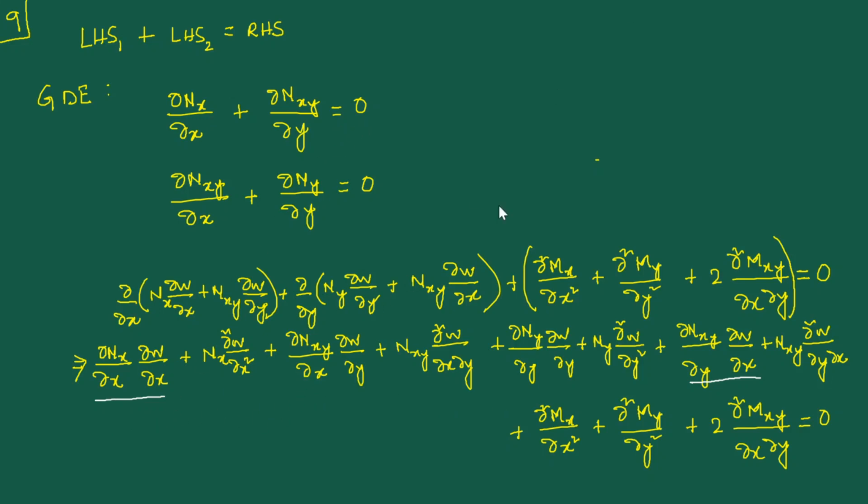Next I will have this term together with this term. You see that is going to give me a 0. So what I'm left with are these terms, this one, this one, this one, and this one, this one, this and this.